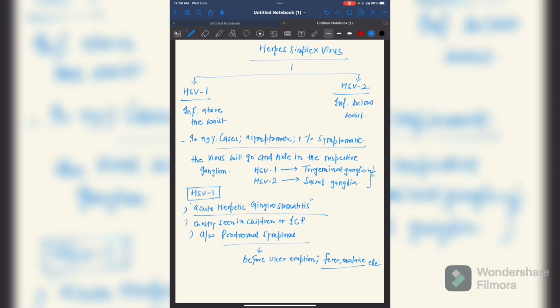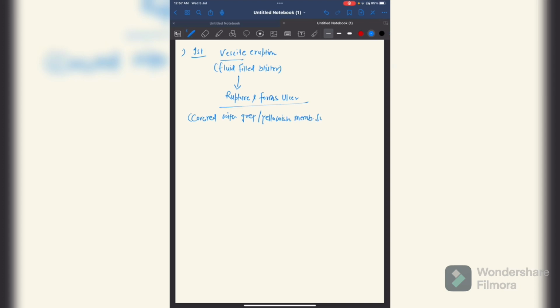First there occurs vesicle formation, vesicle eruption. Vesicle means fluid filled blister, and after some time it ruptures and forms an ulcer, and this ulcer is covered with a gray or yellowish membrane, which is surrounded by an erythematous halo, and it heals.